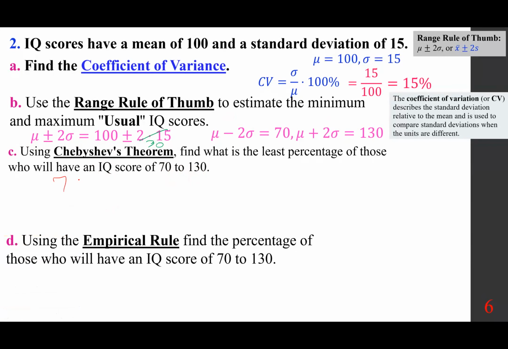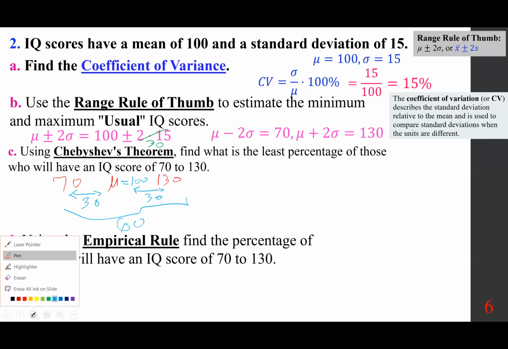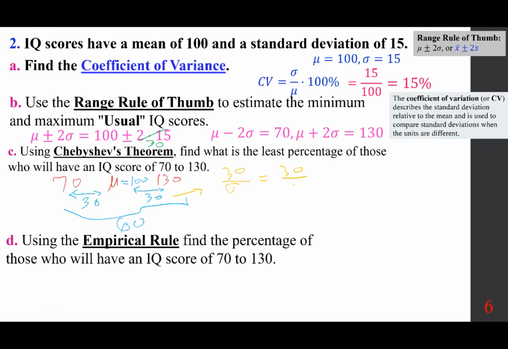So here's 70. You put the mu in between. Here's 130. Mu is given as 100. This distance is 30. This distance is 30. Or you can say the total is 60, either one. If you divide this one by sigma, which is 15, you get 2 standard deviations.